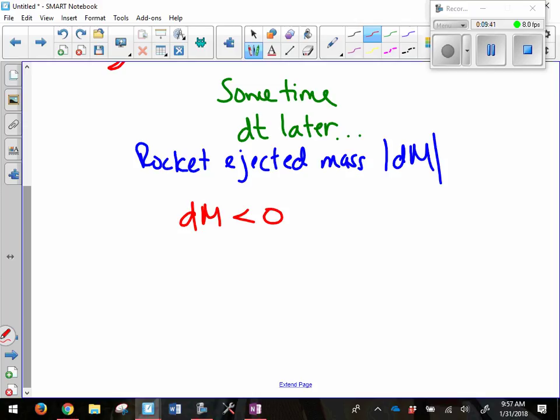Okay, so this means that m plus dm is less than m. If dm is negative, then this is like really subtracting something. So when I do m plus dm, what I end up with is something less than what I started with.